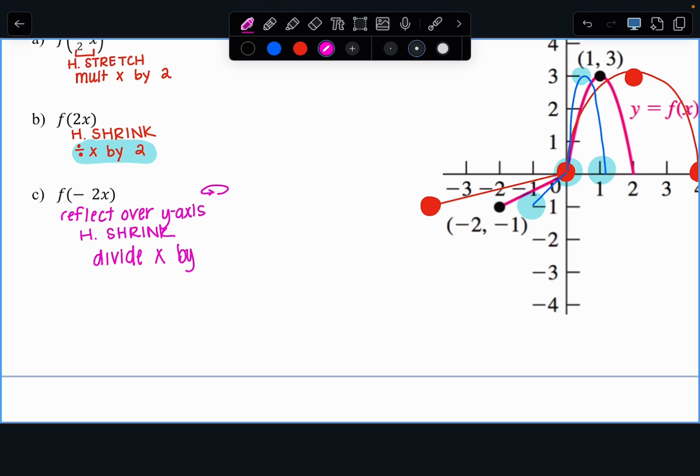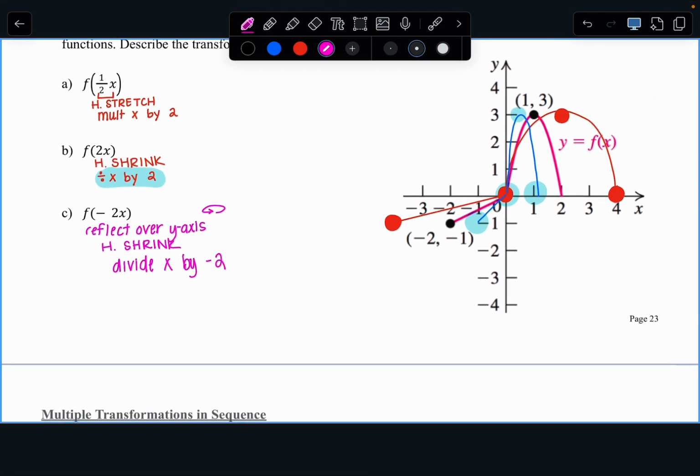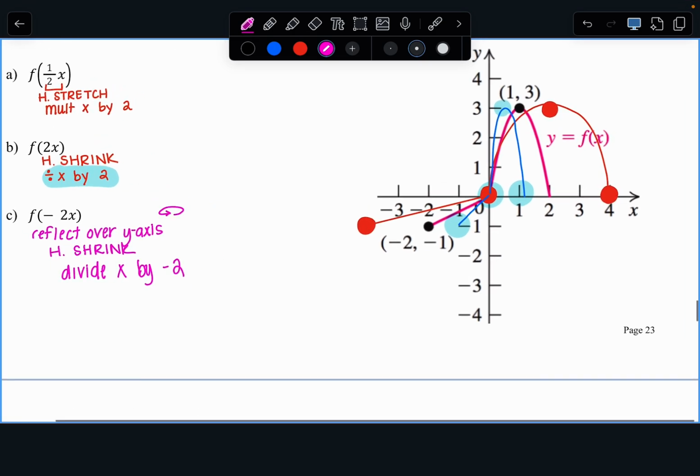Divide x by -2. So instead of being -2, -1, it's 1, -1. Yeah?